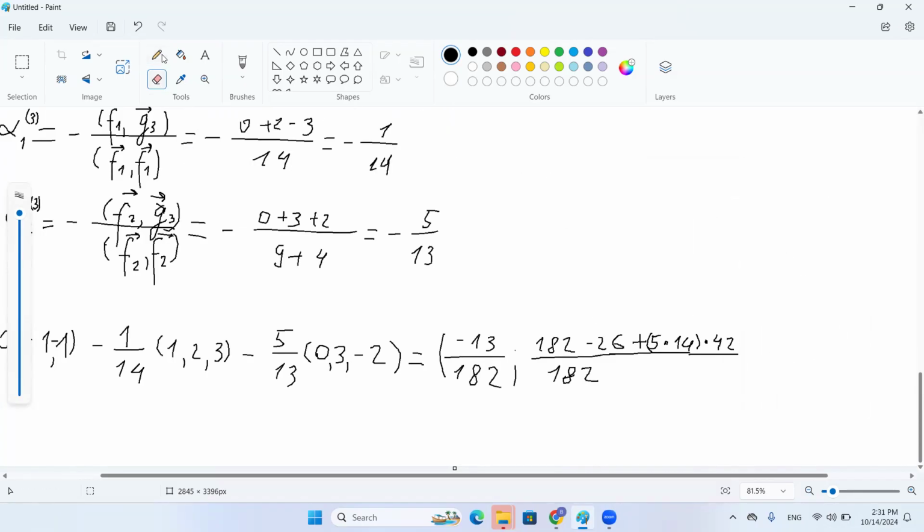That's a pain. I hope that we'll finish it without any mistakes.